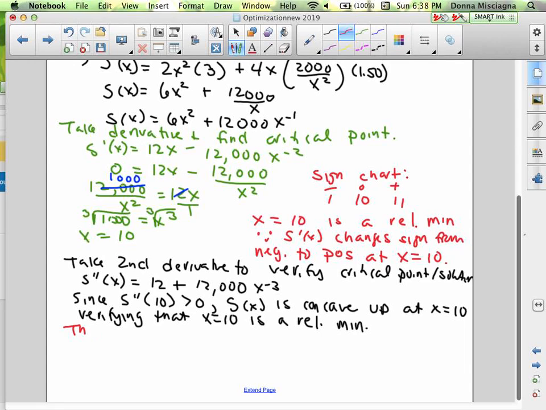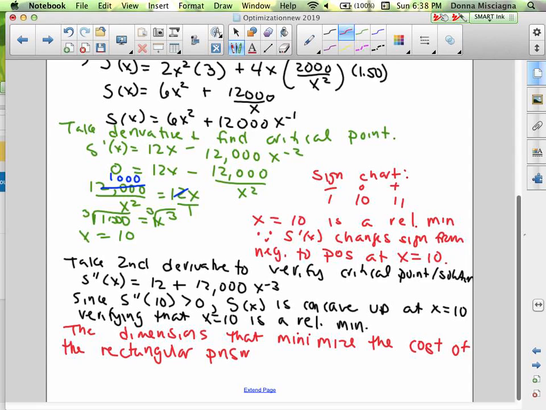So the dimensions that minimize the cost of the rectangular prism box is, let's call it x, the base measurement.